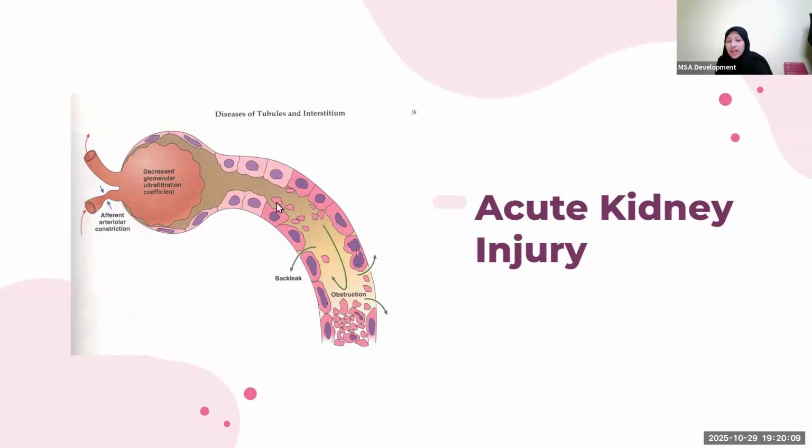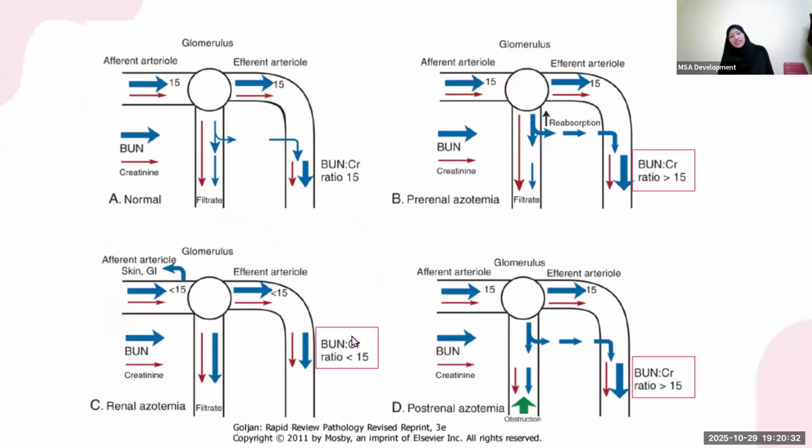If there is any damage to the structure, the cells would die off and shed into the urine. This shedding of damaged cells can cause obstruction, it can cause back leak, and it can cause the casts in the urine that I was talking about. Okay, that's a general idea.